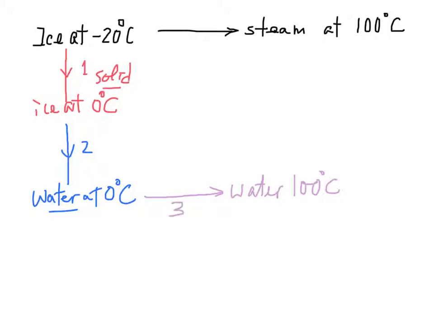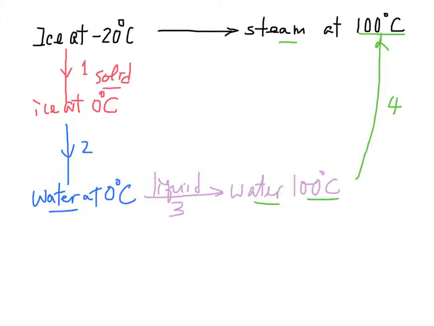Throughout step 3, water is still in its liquid state. The last step, step 4, we have to vaporize the water at 100 degrees Celsius to steam at 100 degrees Celsius, at its boiling point.